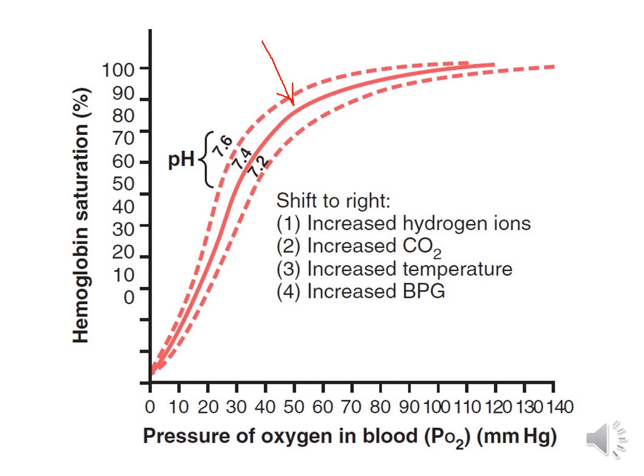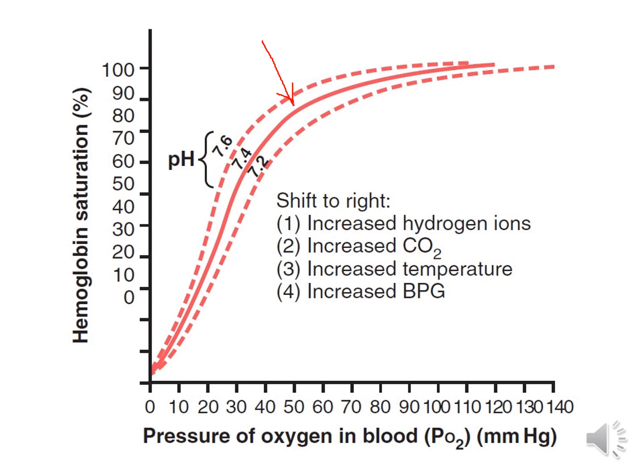Shifting the curve to the right will make it hold less oxygen. And to understand this, please look at number 50 in the x-axis. This is the partial pressure of 50.